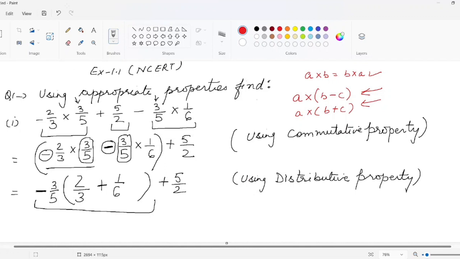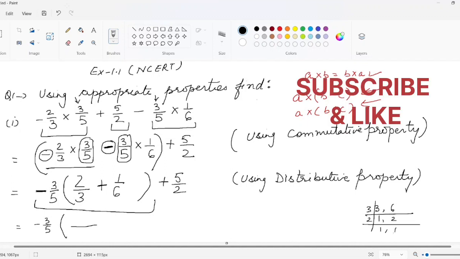Now we will solve the next step. After this, we will solve the bracket. It is minus 3 by 5 already outside, 2 by 3 plus 1 by 6. So we will take the LCM here. How to find the LCM? 3 and 6. The LCM of 3 and 6 will be 3 ones are 3, 3 twos are 6, 2 ones are 2. So LCM will be 3 multiplied by 2, that is 6.